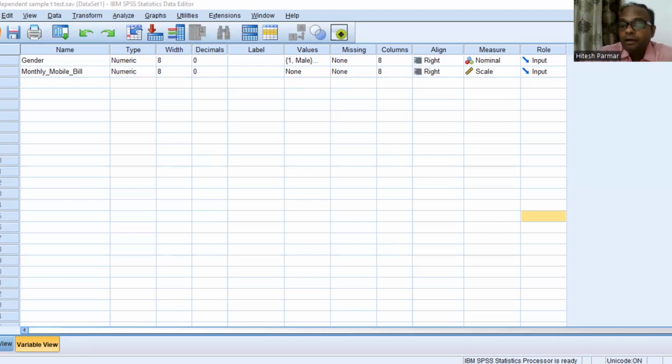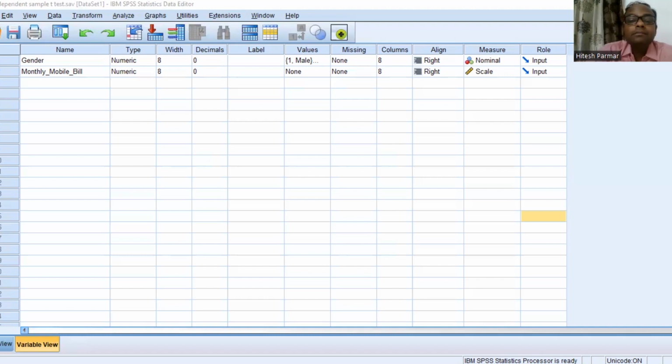So when the female monthly mobile bill is higher than the male monthly mobile bill, we'll get a negative difference. But the upper limit is positive. What does it mean?